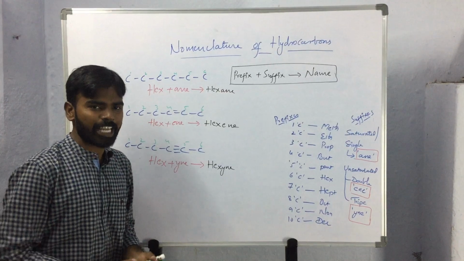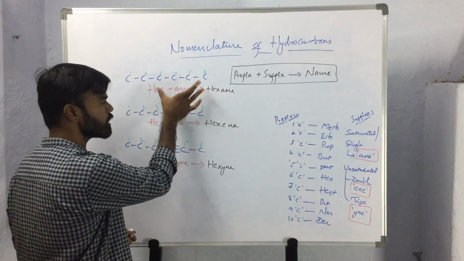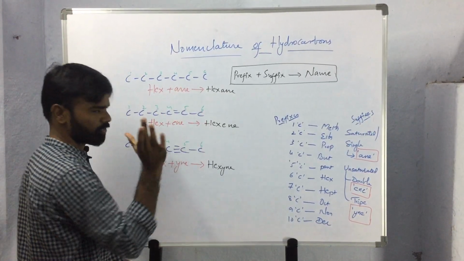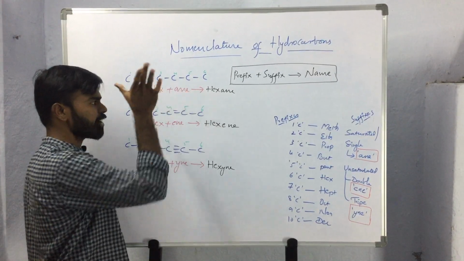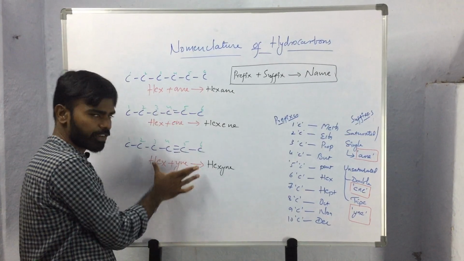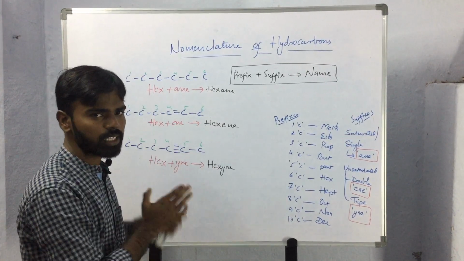So like this, we will be naming simple alkanes, alkenes and alkynes, that is, simple saturated hydrocarbons and simple unsaturated hydrocarbons.